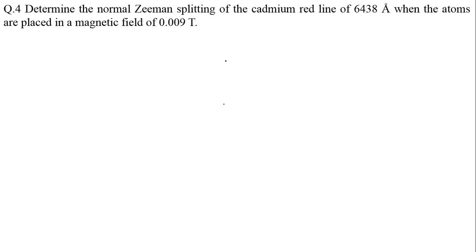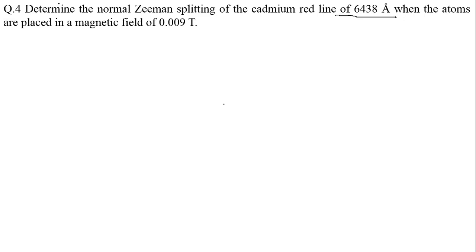So due to the Zeeman effect, one energy level will be split into more than one level. As a result, there will be splitting of the spectral line. That is, if the atom was not placed in a magnetic field, there was one spectral line. Here, before applying the external magnetic field, the spectral line was of wavelength 6438 angstrom. But when we place it in an external magnetic field, the spectral line gets split.